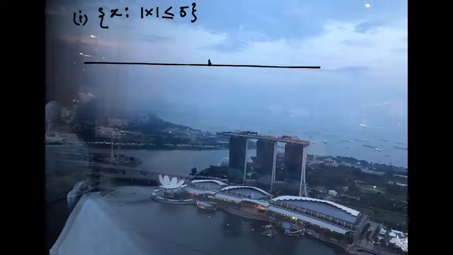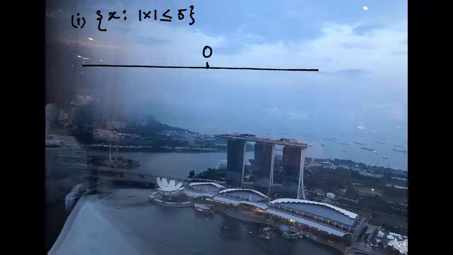Take here the origin O, that is 0, and then I am marking plus 5 on the right hand side and minus 5 on the left.